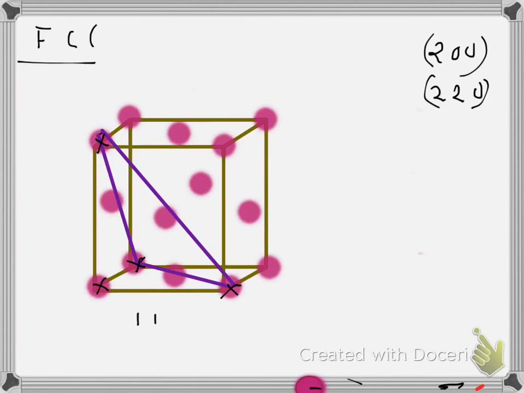So this is the 1 1 1 plane, and the second one is this one and this one. This is the 1 1 1 plane in FCC. So we have completed the simple cubic system as well as FCC.